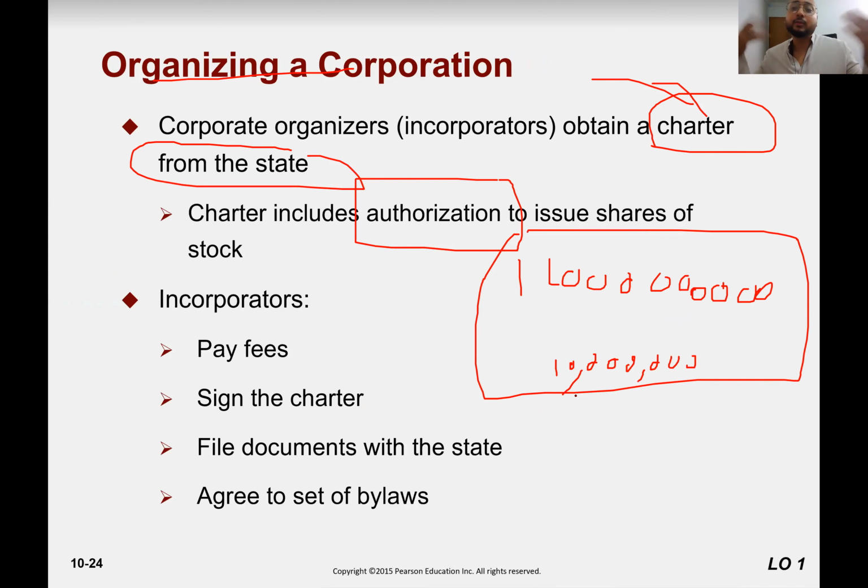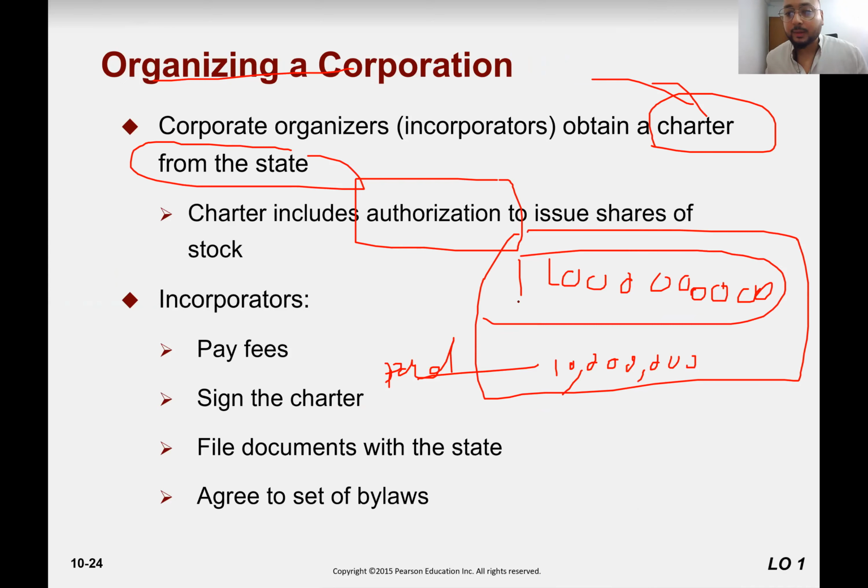The rest, 9 million, will be issued later. So that is the paid up capital or outstanding capital. That is authorized capital. If you want to issue more, you cannot. You need to change the charter. It means you need to go through different terms of regulation. It's really hard to change that.